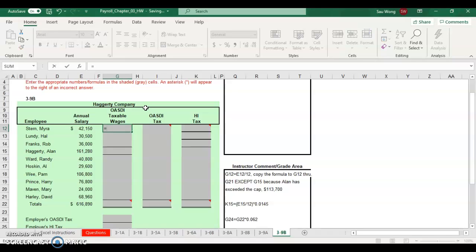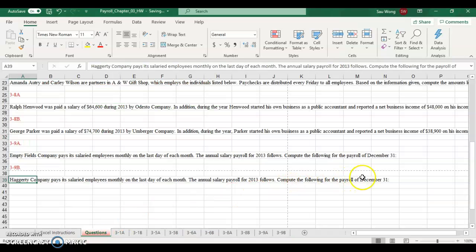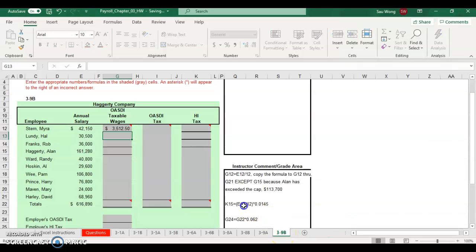So we need to take the E12 divided by 12 months for the monthly salary for December 31st. Okay, so we need to divide it by 12 months, and then we copy this formula through G14 only. Why is it G14?